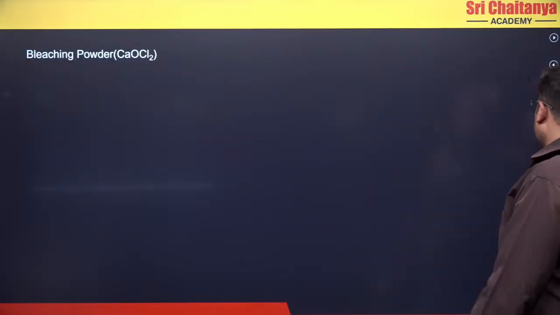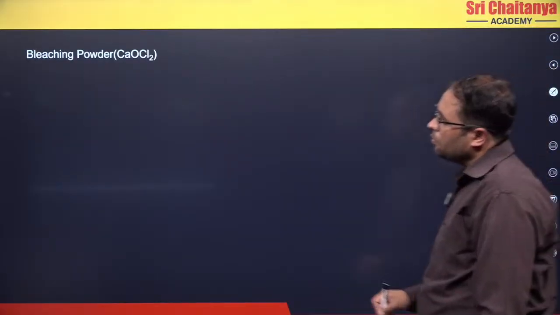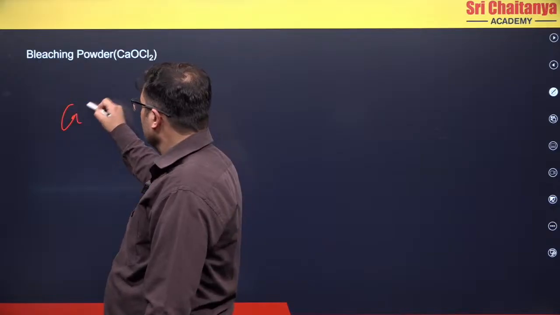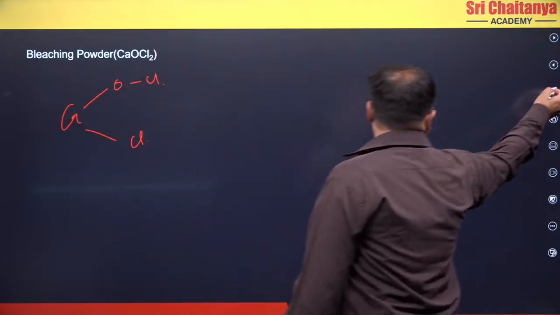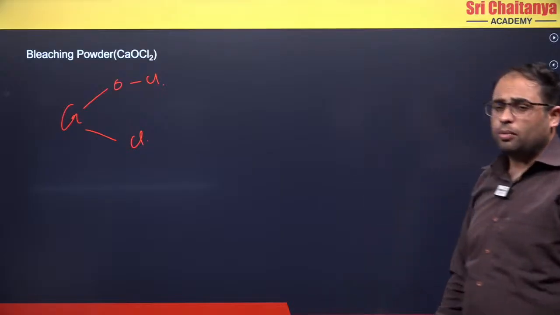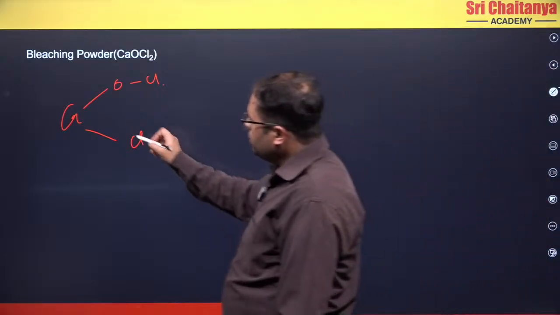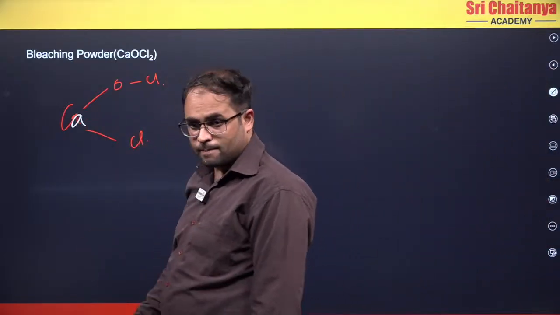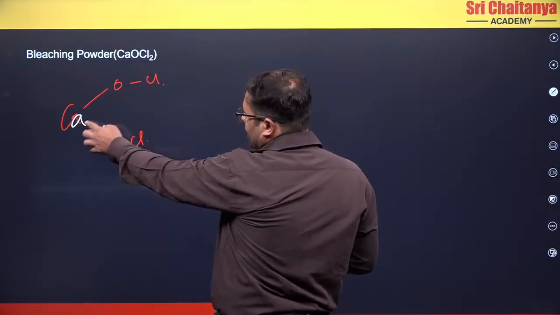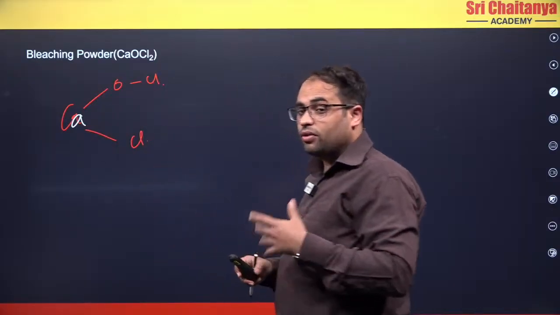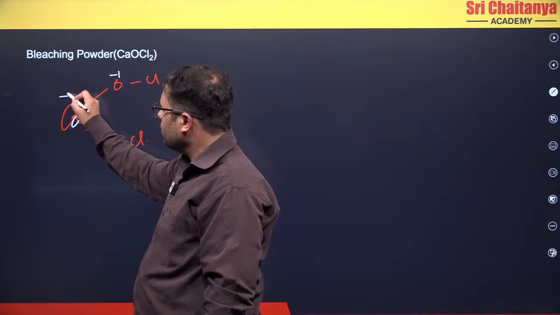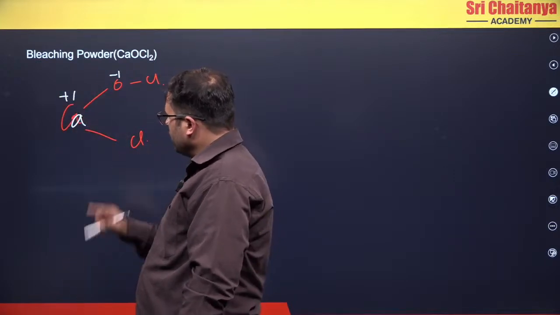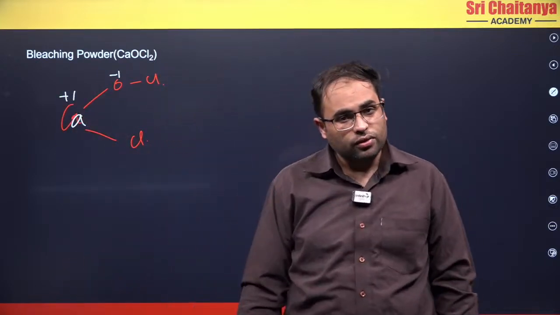Moving on, bleaching powder. Like this. Now this is the structure of it. Yes, you have to remember the structures. This is calcium. Out of oxygen and calcium, which is more electronegative? Oxygen. So it will get a -1 here. Calcium will get a +1. Out of calcium and chlorine, which is more electronegative?